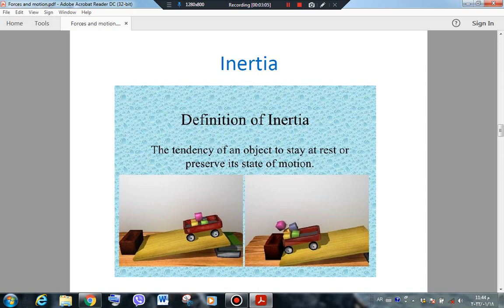It doesn't want to move. It has a tendency to stay. That car likes to stay at that very particular position, with no motion. Therefore the thing that is stabilizing this car is called inertia. It's the car's tendency to stay, the car's tendency not to move.